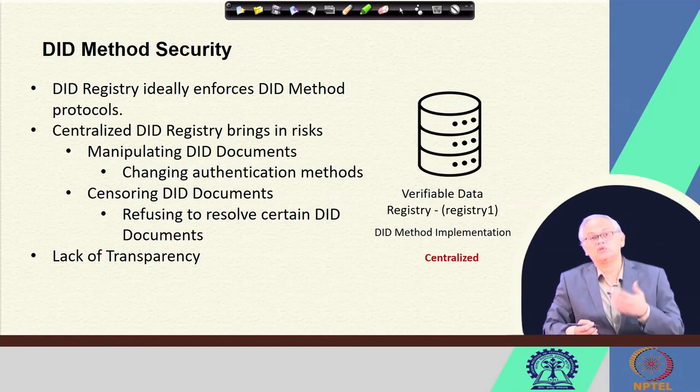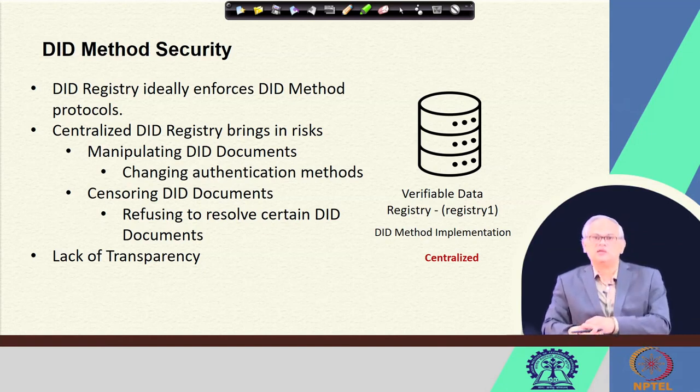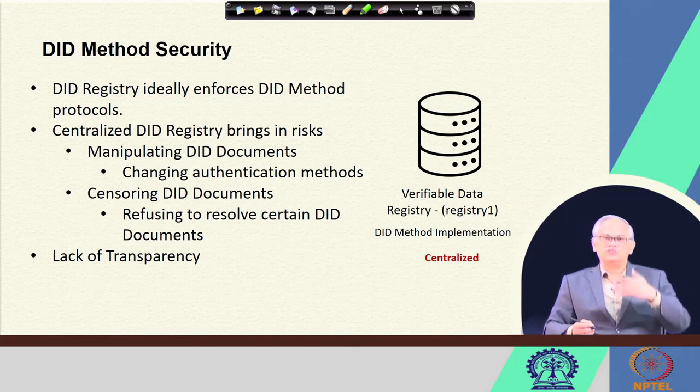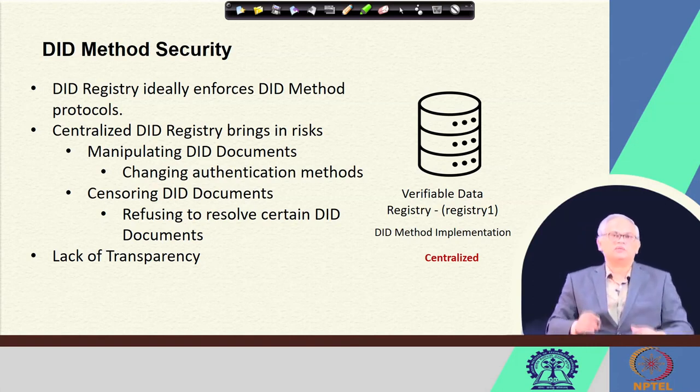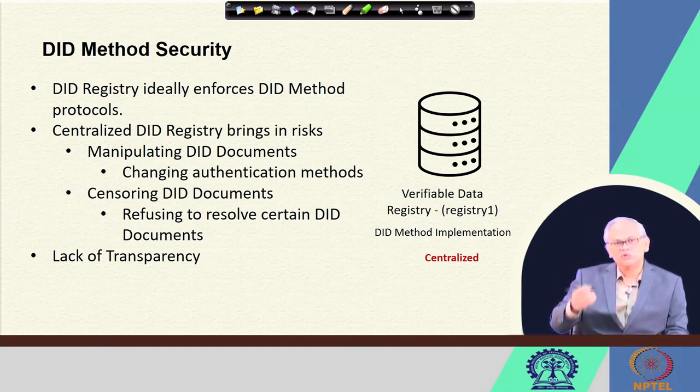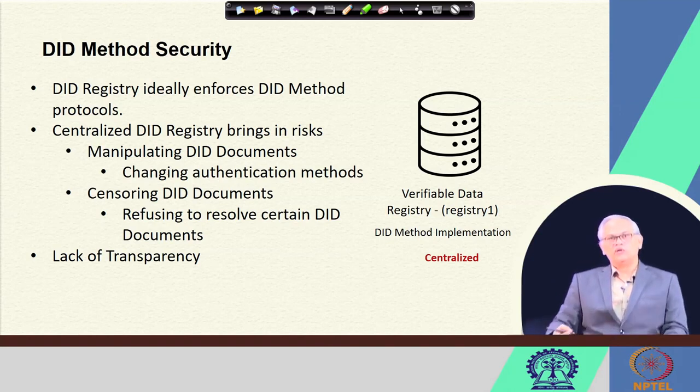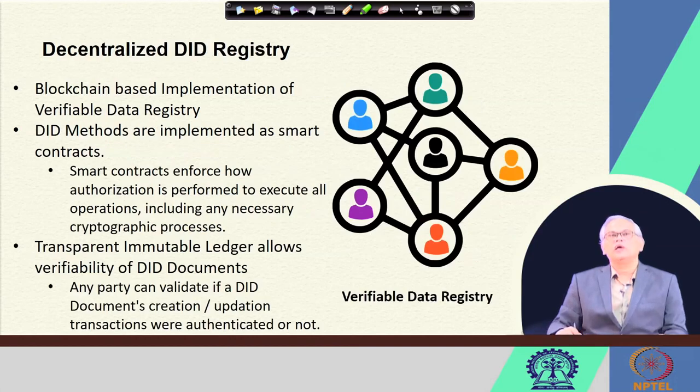It is also possible that some censorship would be done, that the data registry can in some cases do its duty of verifying the identity, and in other cases say that no, I am not going to do it, and there will be a refusal to resolve certain DID documents at the discretion of this centralized data registry. So, that is not a good idea, and of course, there will be a lack of transparency, and nobody knows what is going on.